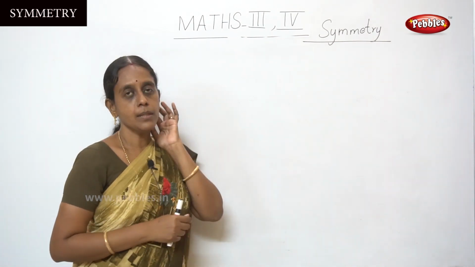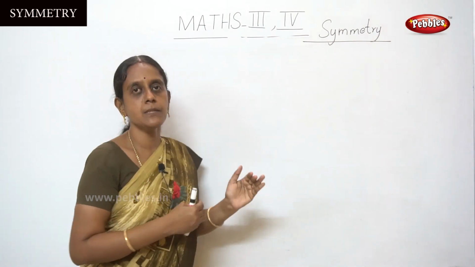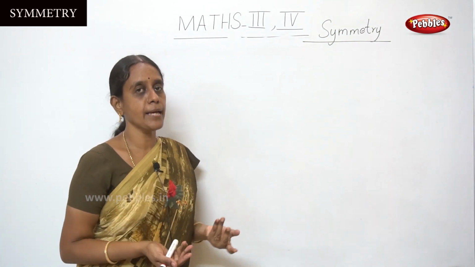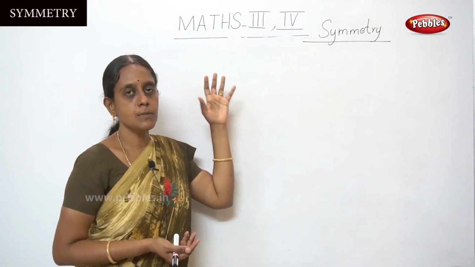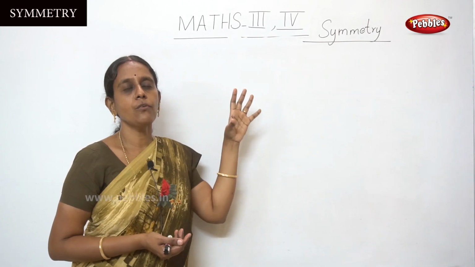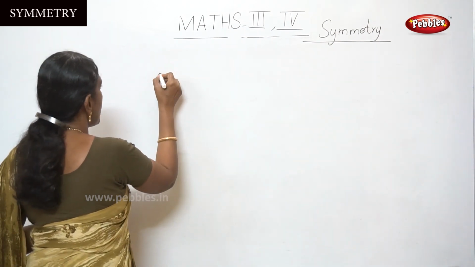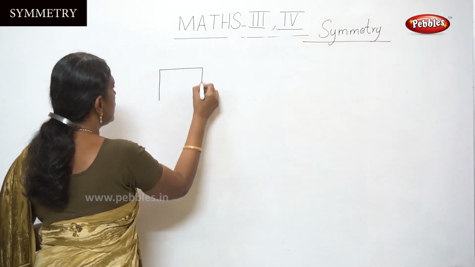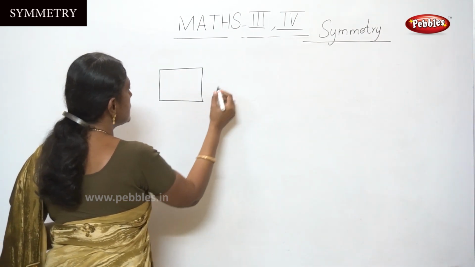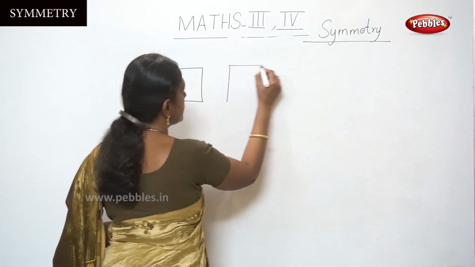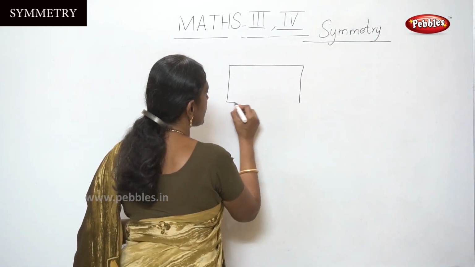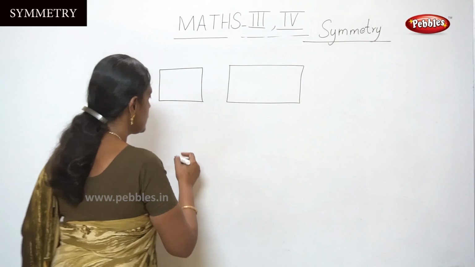For example, I am going to draw a few shapes, and I will explain the terms and the properties of symmetry. Let me draw some shapes. This is a square and this is a rectangle.